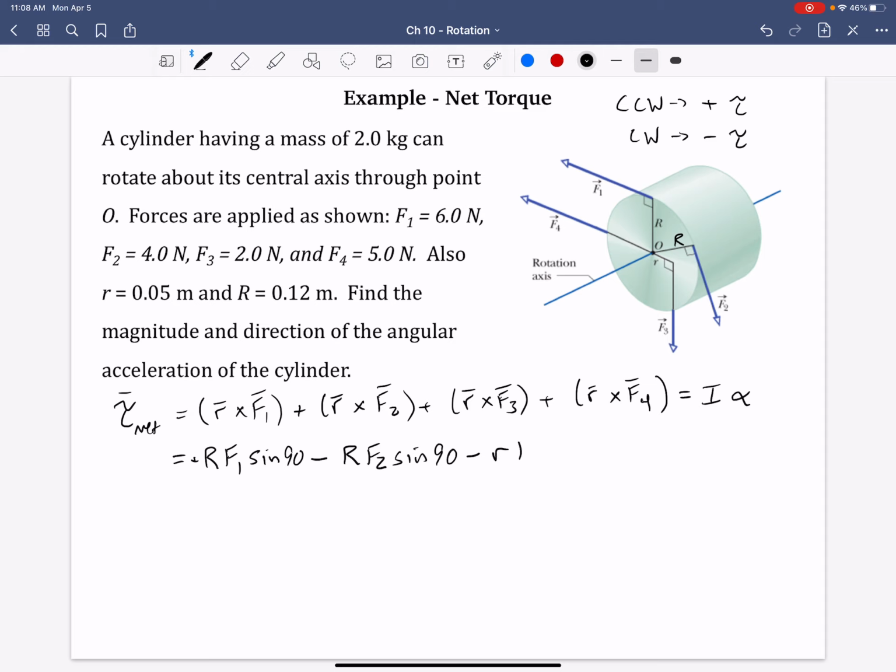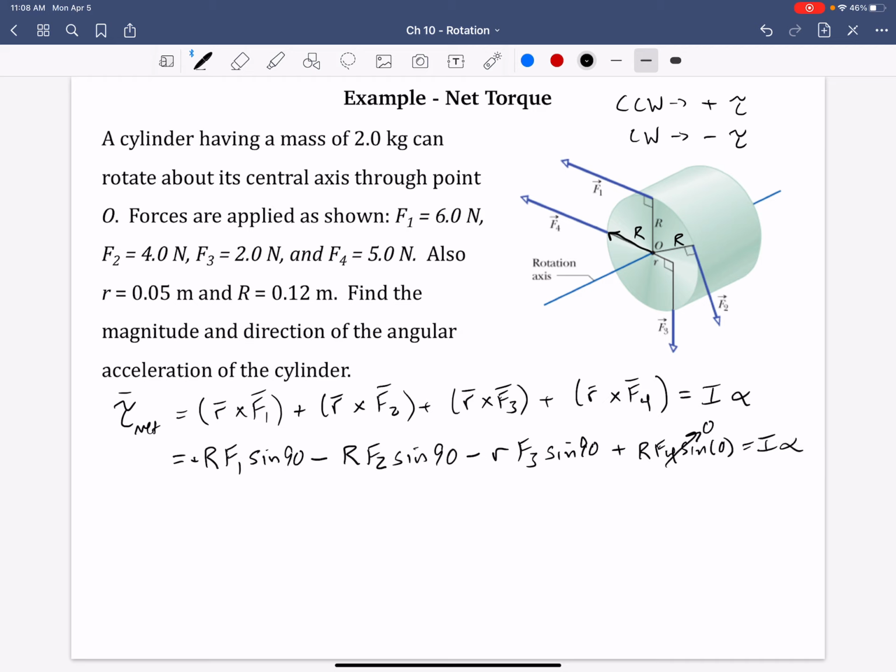Lowercase r, F3, and then sine of 90 again. Thankfully, these are easy so far. And lastly, F4 is parallel to r, so sine of 0 is 0. That whole thing goes away. And then we have I alpha at the end.